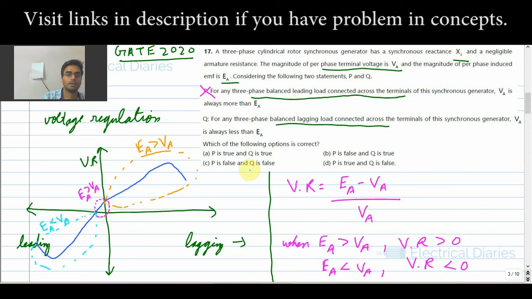So I hope you get the total understanding. So this statement is true. Okay, so now the correct option is P is false and Q is true. Okay, so that is the concept for this question.